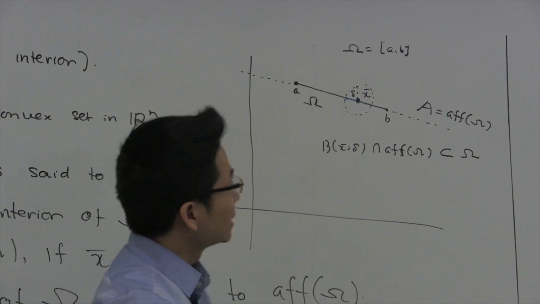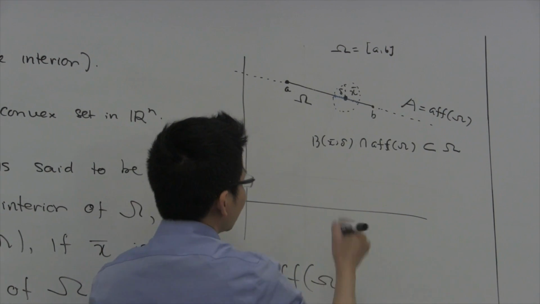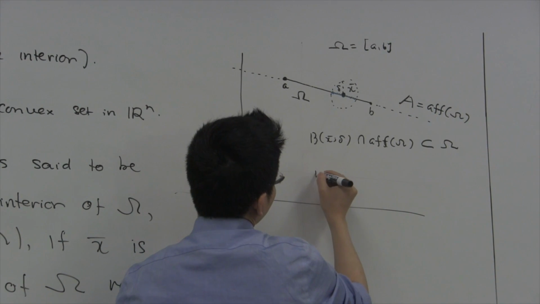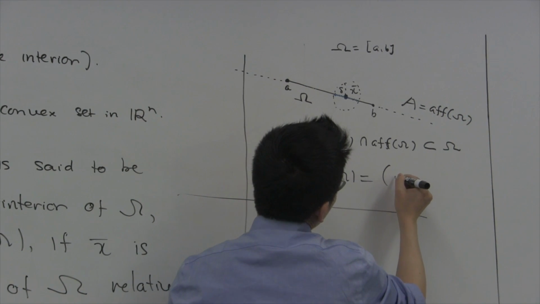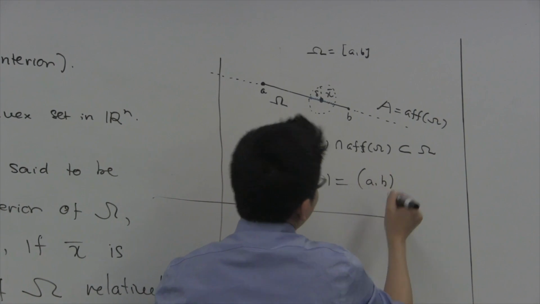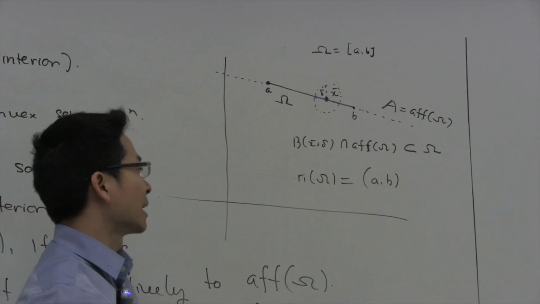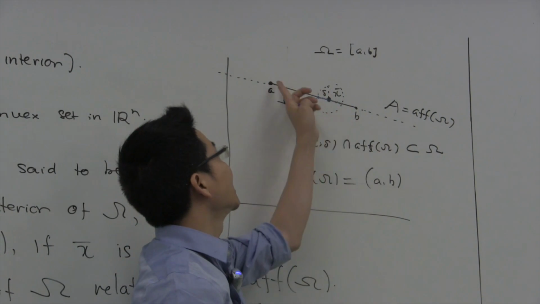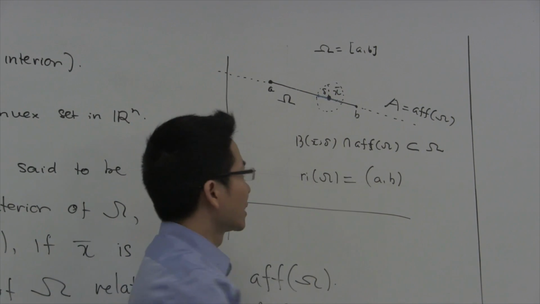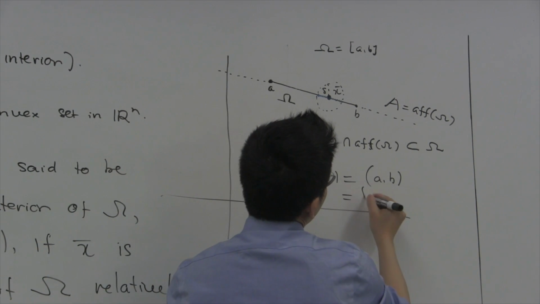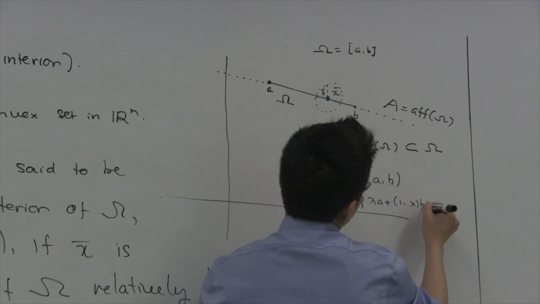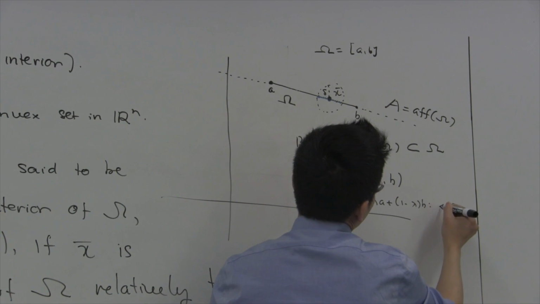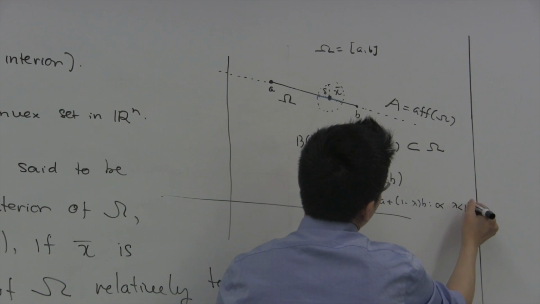And in fact, in this situation, we can see that the relative interior of omega is equal to the open interval connecting A and B. That means here A and B are excluded. Okay, so it contains all points of the form lambda A plus 1 minus lambda B, where lambda is strictly greater than 0 and less than 1.